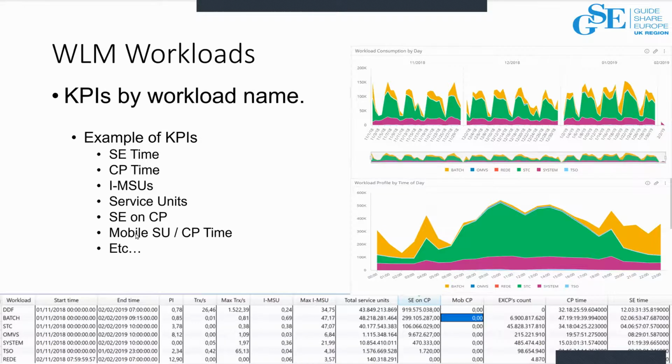Also, if you have mobile running on your z/OS environment, you can understand the consumption of your mobile workload, and also the information about service units, PI, performance index, and other KPIs.